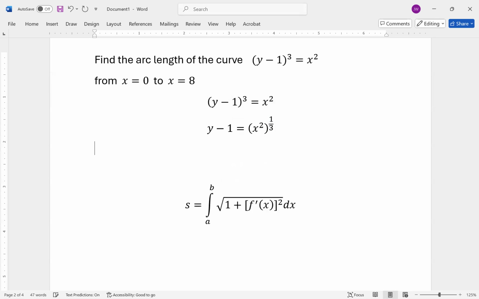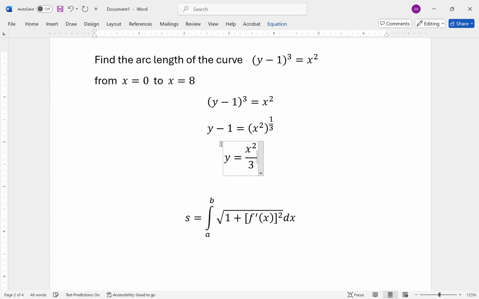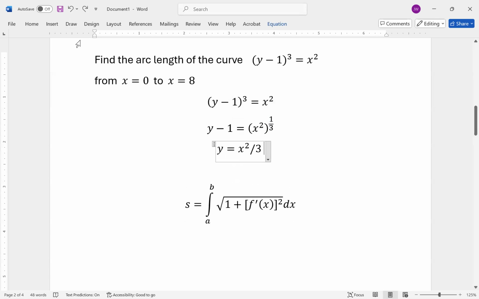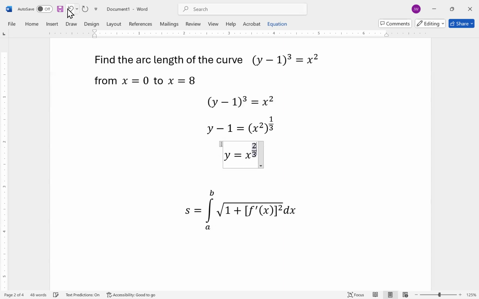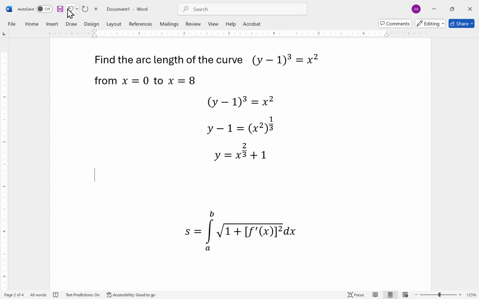When I add 1 to both sides, that's what I get. I get y equals x to the 2/3 power plus 1. So that's my y function, which again is basically my f of x in this formula.